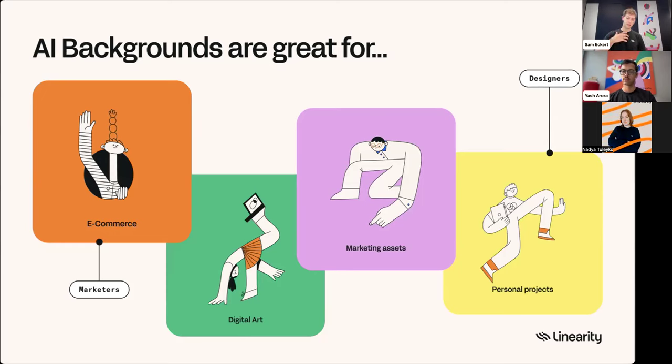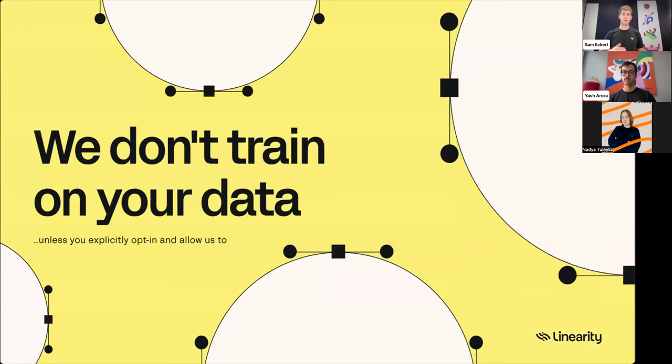And whenever we talk about AI features, the number one question that we always get is, do you use my data to train these things? Am I not owner of my data anymore? And something that is very important to us is we don't train on your data unless we ask you and you say, yes, I would love to have my data be part of your training.